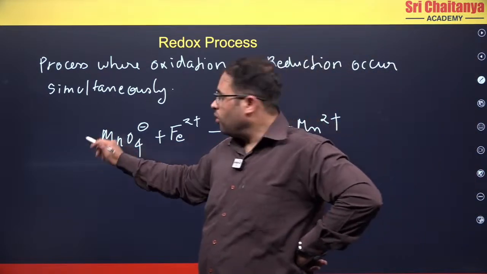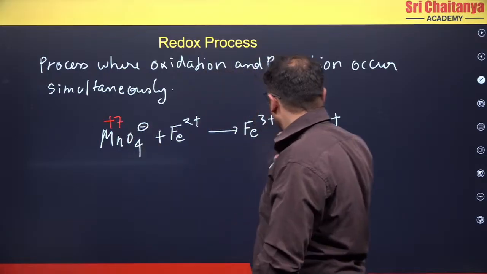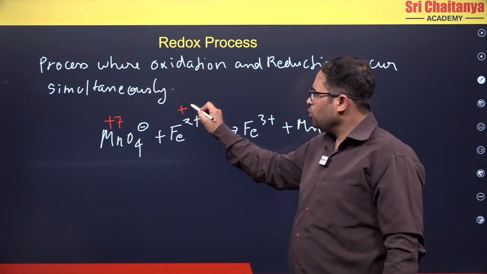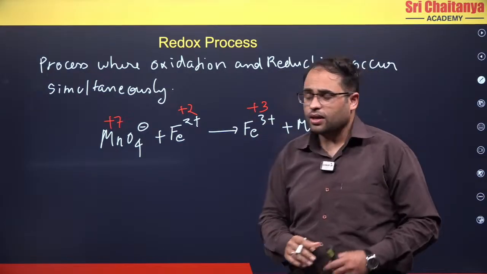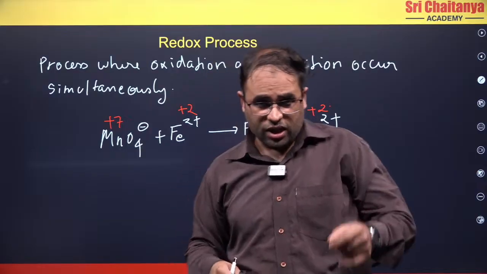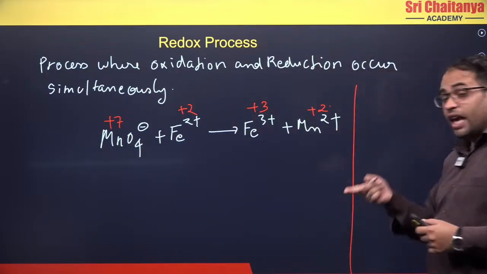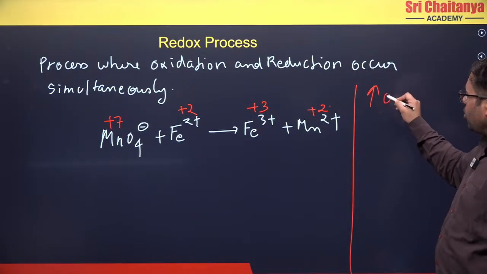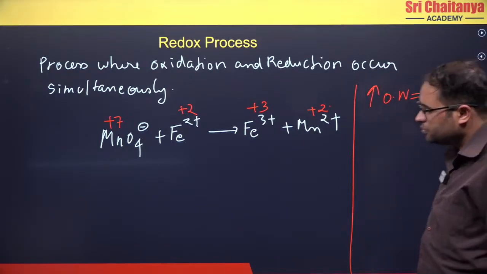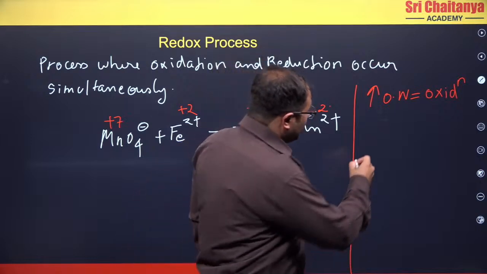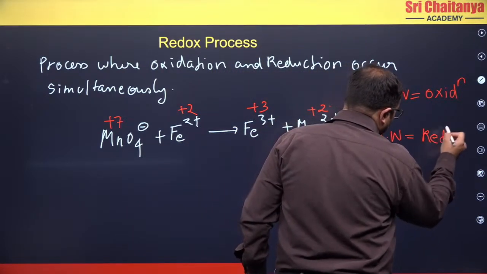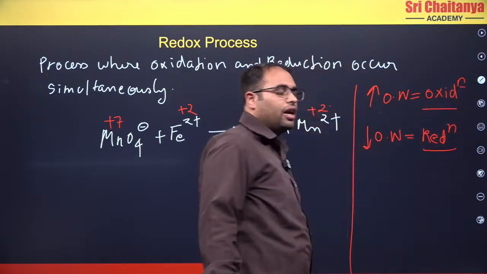Manganese oxidation state, we have already found it is +7, and here it is +2. Iron is +2, here it is +3, right? So why I did this oxidation number exercise is because if there is an increase in oxidation number, it means it is oxidation. If there is a decrease in oxidation number, it means it is reduction, right?